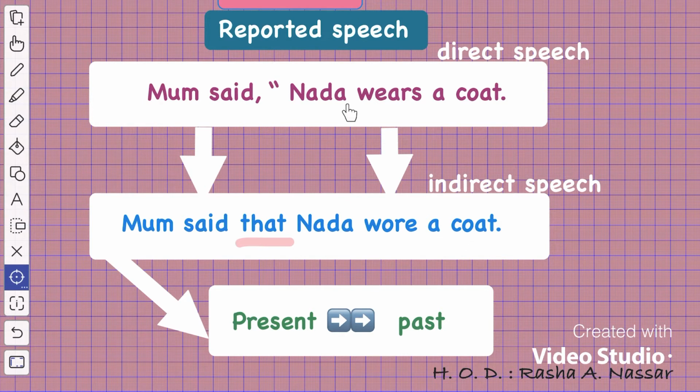What happened to change the direct speech into indirect speech? First, here we see two sentences and we see a comma and brackets. So, to change the direct speech into indirect speech, we will remove the comma and remove the small brackets, and we will join the two sentences with that.